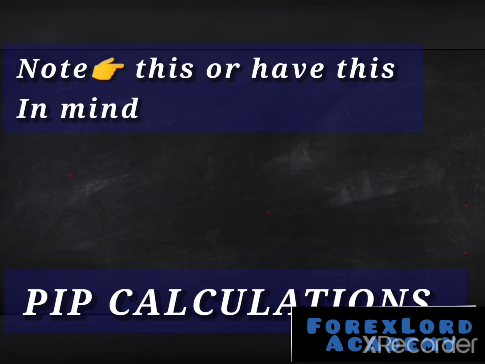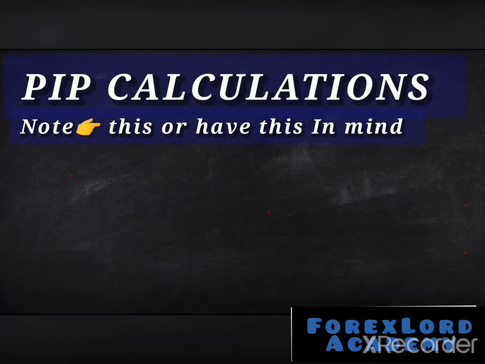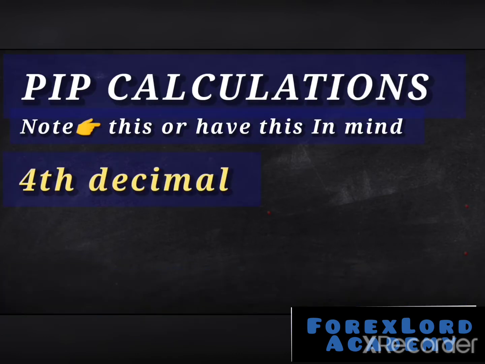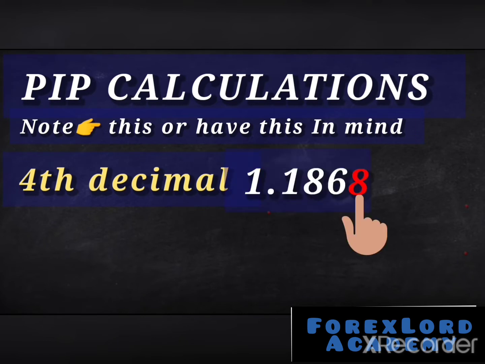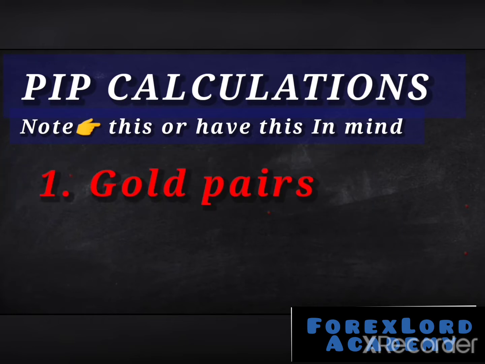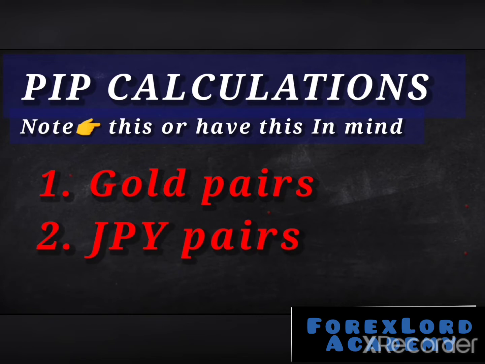I want you to note this or have this in mind. We start calculating the PIP from the fourth decimal place. However, there are a few exceptions. And these exceptions are gold pairs and JPY pairs.